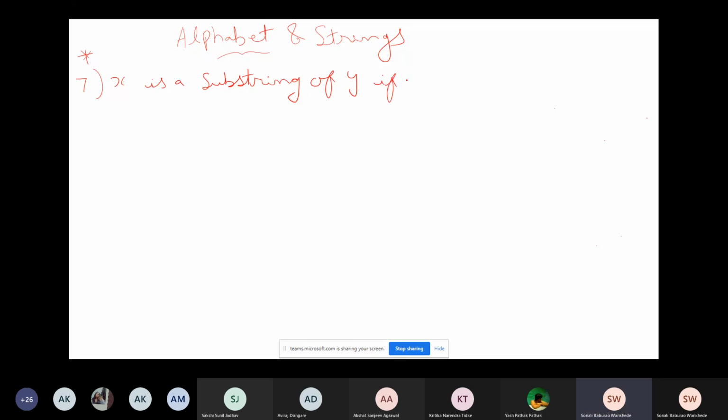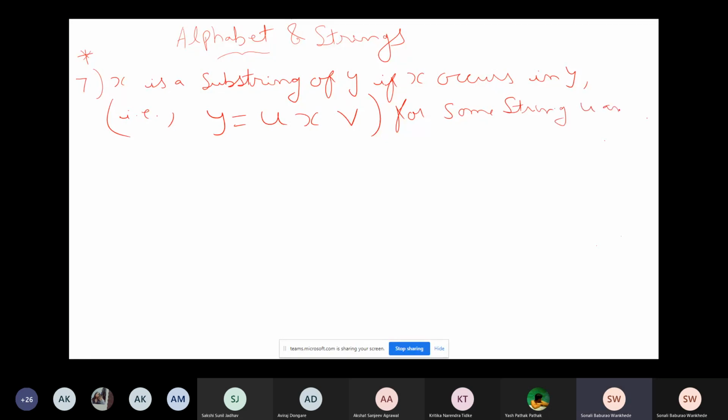X is a substring of Y if X occurs in Y, that is, Y is equal to UXV for some strings U and V. Now go through this definition.